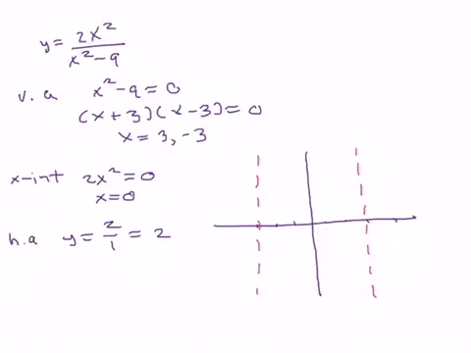I also have a horizontal asymptote at, I know I'm going a little out of order, but I have a horizontal asymptote at the line y equals 2, right there. And then finally, I haven't taken care of it yet, I have this x-intercept at 0. So I have this point right here.